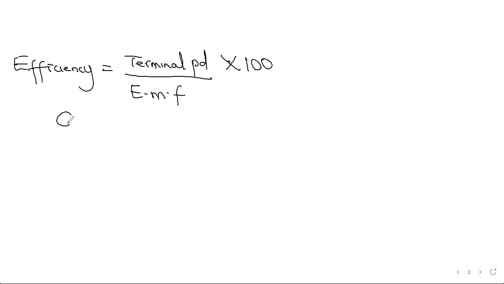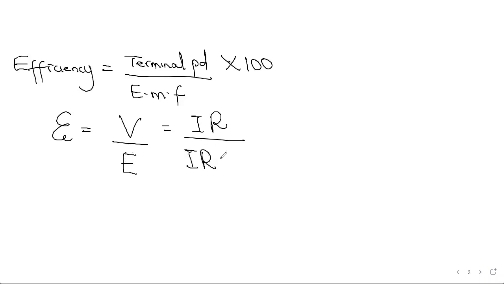So the efficiency of the cell will then be equal to the terminal PD V divided by E. And you know that V is IR, and we've established that the E.M.F is IR plus Ir. Remember from previous page.